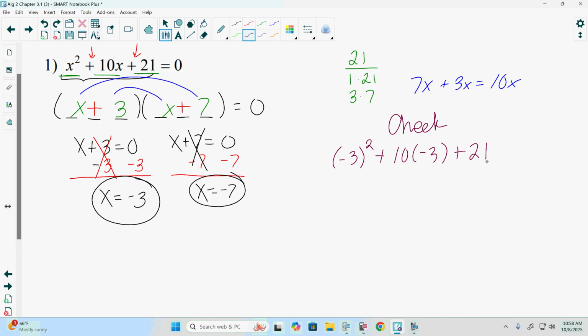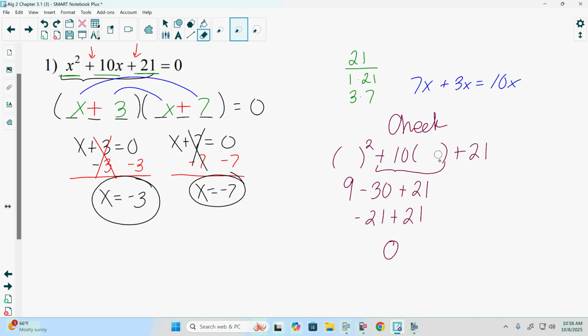But if we do this by hand, negative 3 squared, negative 3 times negative 3 is going to give us 9. Positive 10 times negative 3 is going to be negative 30, plus 21. 9 minus 30 is negative 21, and negative 21 plus 21 is indeed 0. So it shows us that this does give us a value of 0. So that is one of our solutions.